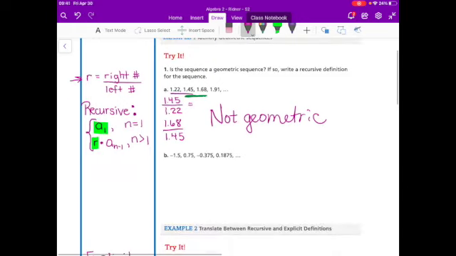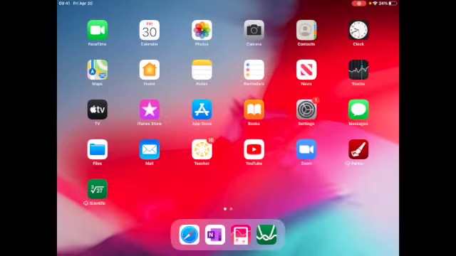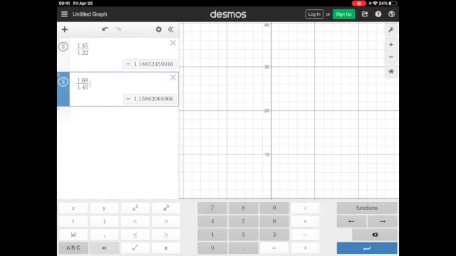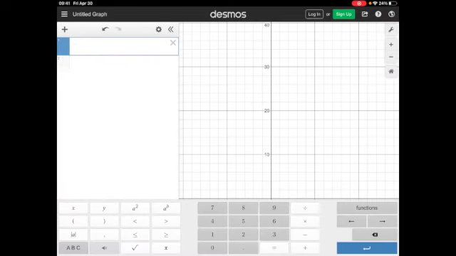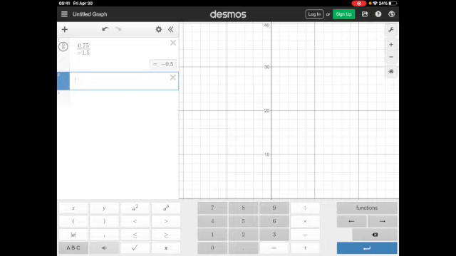But what about the second one? So 0.75 divided by negative 1.5, negative 0.375 divided by 0.75. Okay, so I'm going to test all 4 of them in Desmos. So okay, I got negative 0.5.